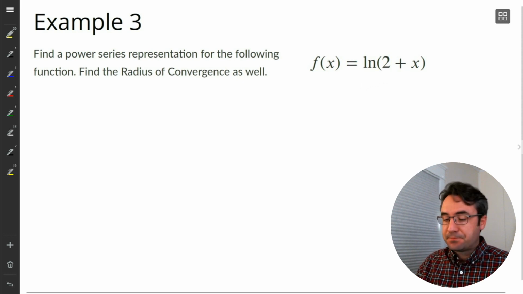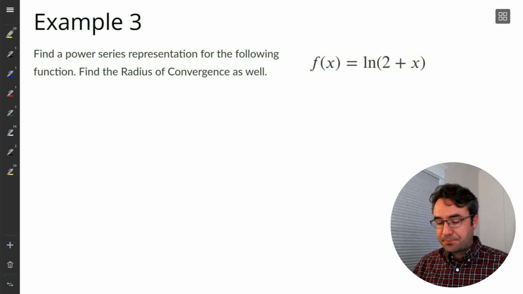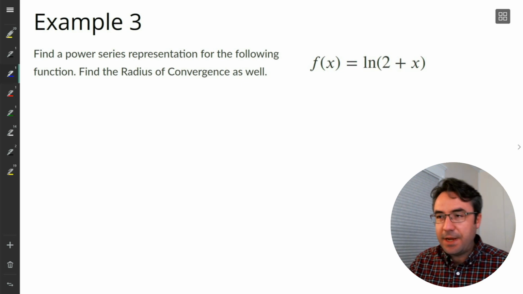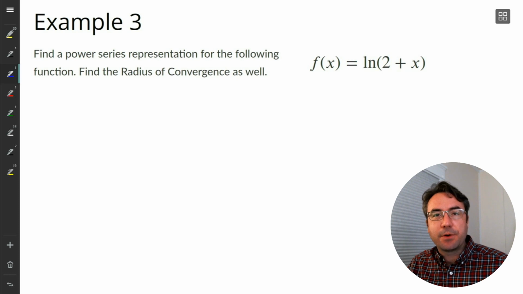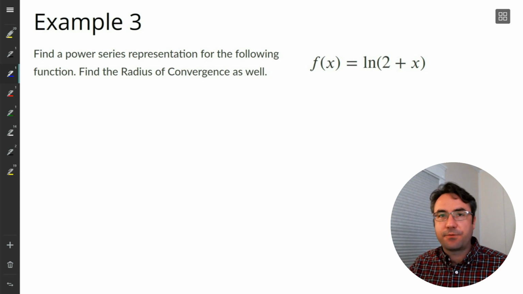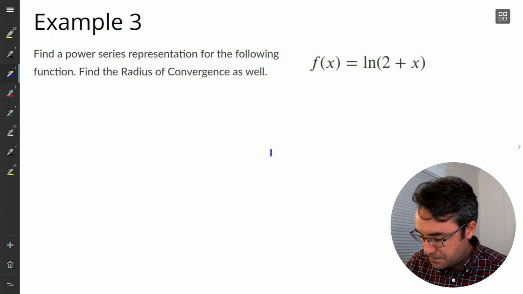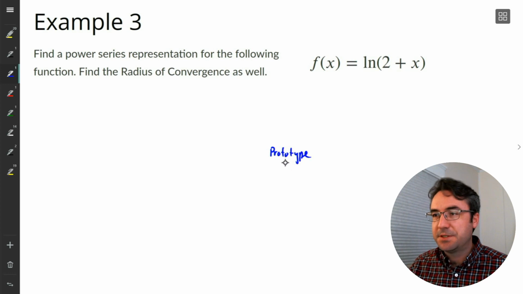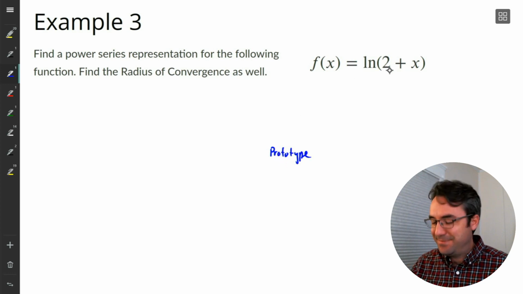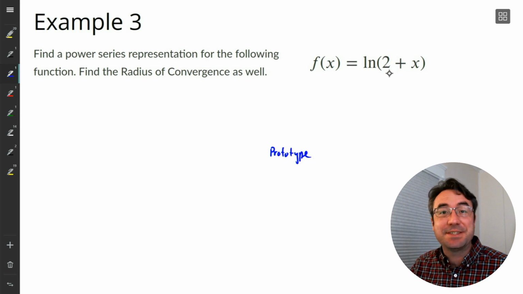And to get us started, let's write down our prototype that we're always trying to refer back to. This is the one series that we're always trying to look to see if this is similar.